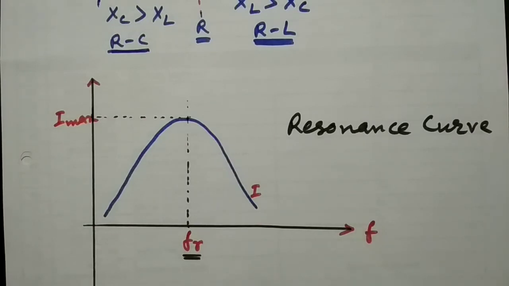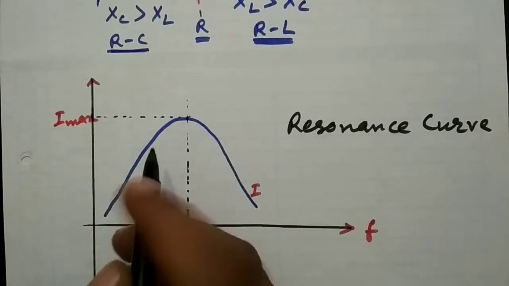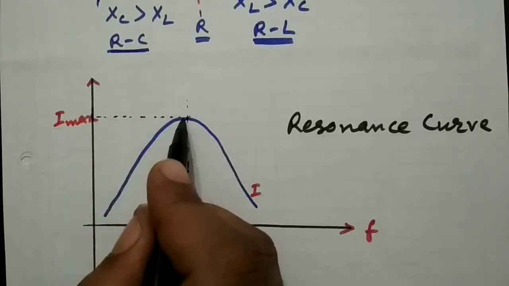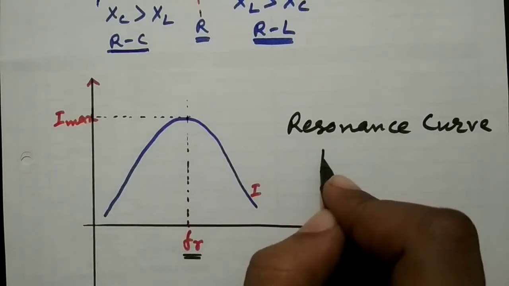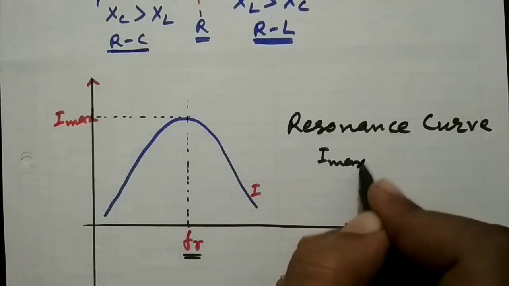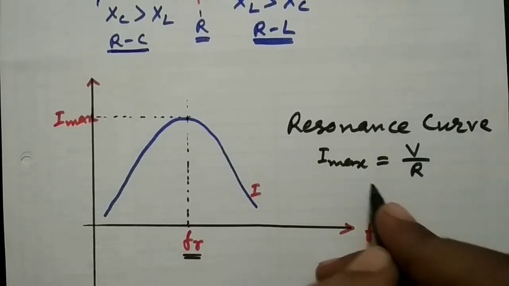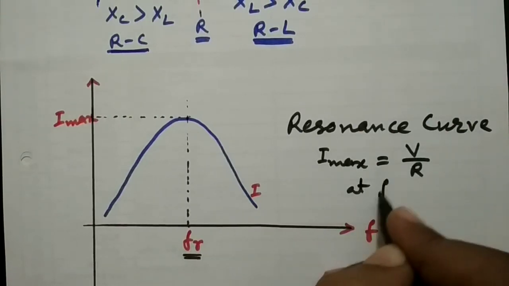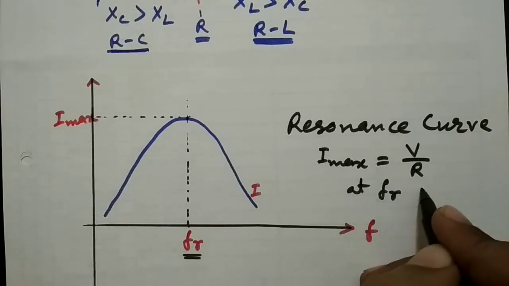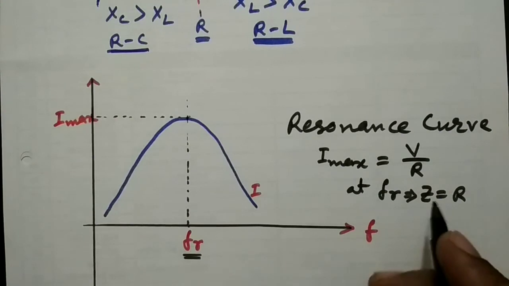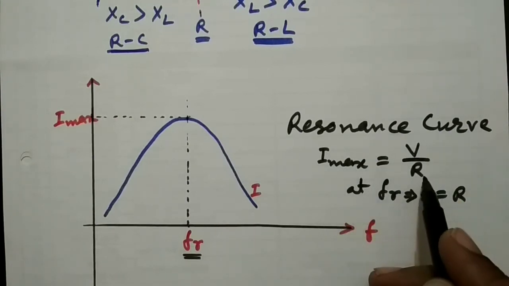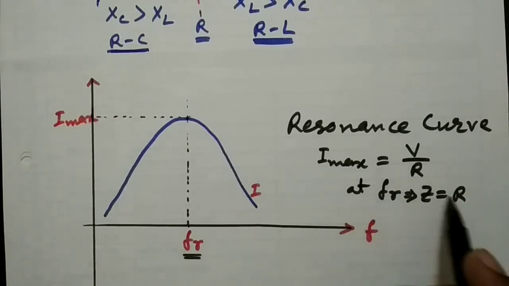In the resonance curve, we can see the maximum current Imax, and this Imax is equal to V upon R, because at resonant frequency, the impedance is equal to R. Therefore, the current will be V upon R, because the value of impedance is equal to resistance.